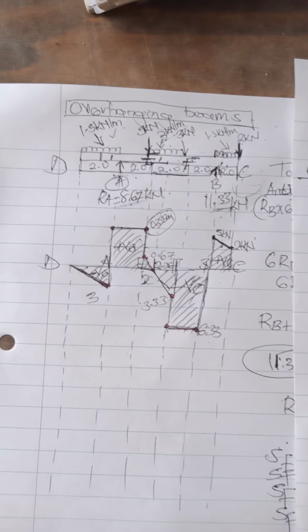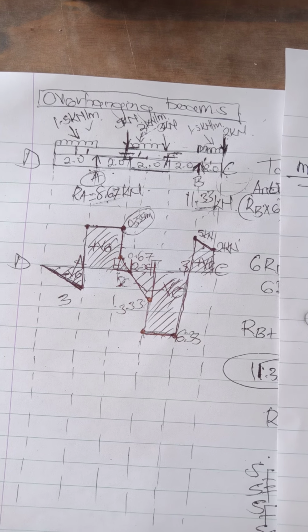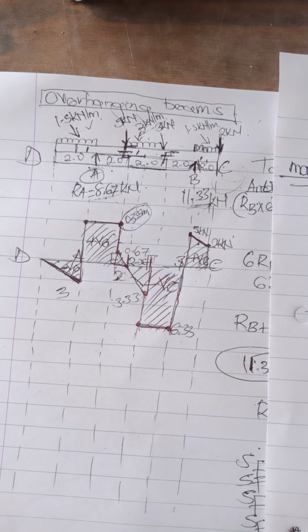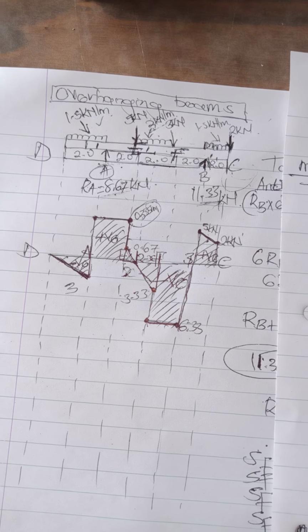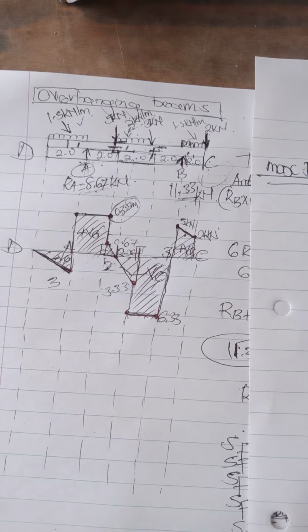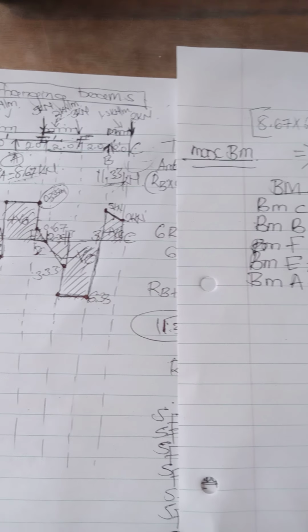So BM at A is equals to negative 1.5 times 2 times 1, which is equals to negative 3 kilonewtons.